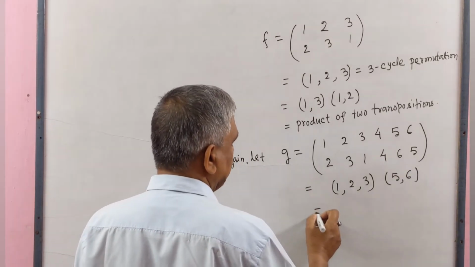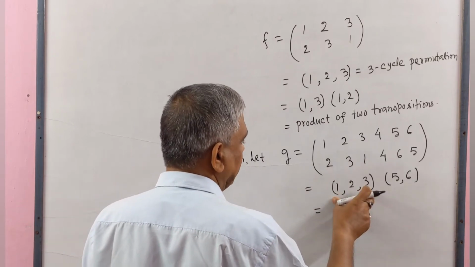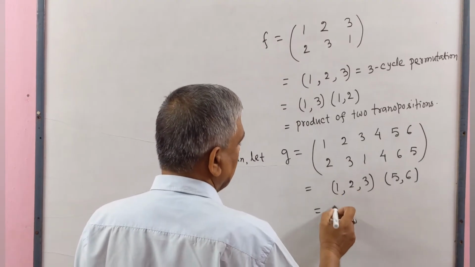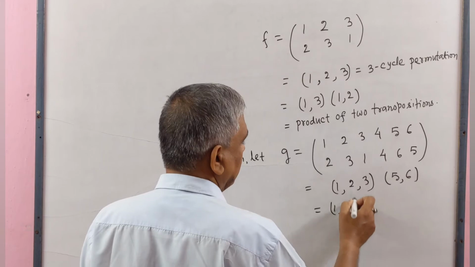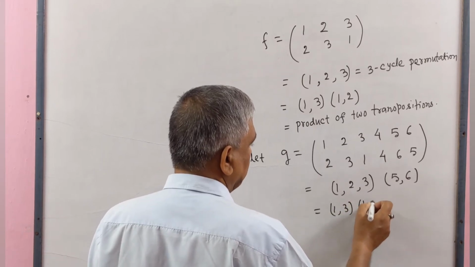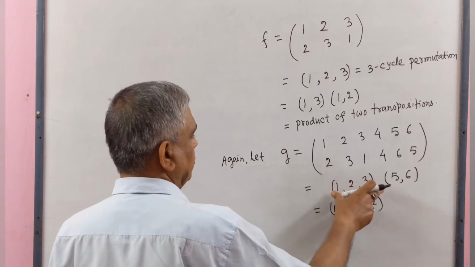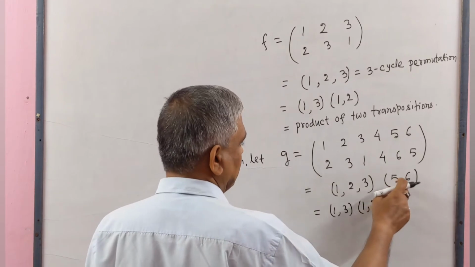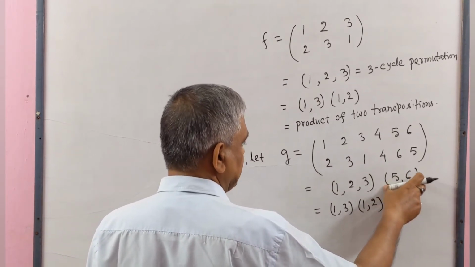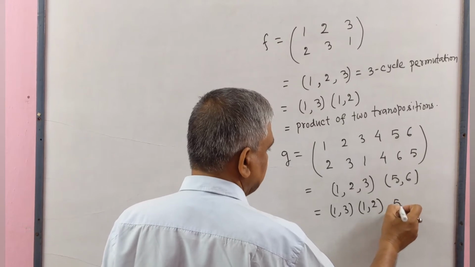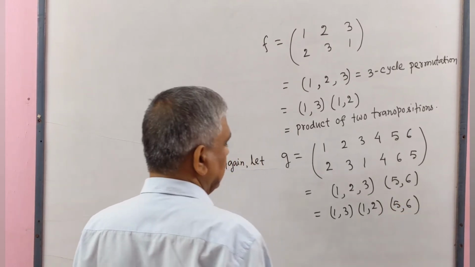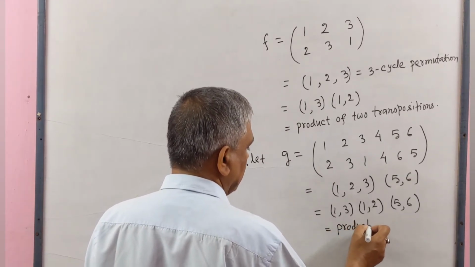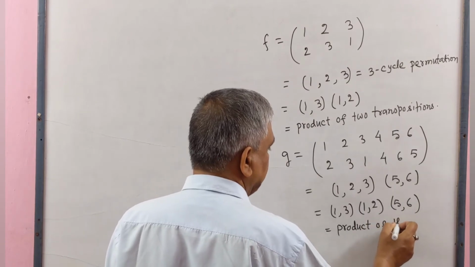Since we know that any cycle may be represented as a product of transpositions, we may write (1 3)(1 2). This is equal to the product of 2 transpositions. And this is also a 2 cycle permutation, so it is another transposition. This is (5 6). This is the product of three transpositions.